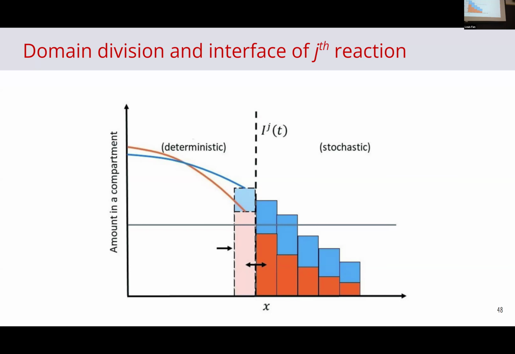But with the PD model though, at that interaction, how do you do the handshaking in this transition?